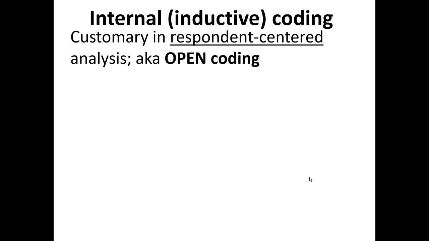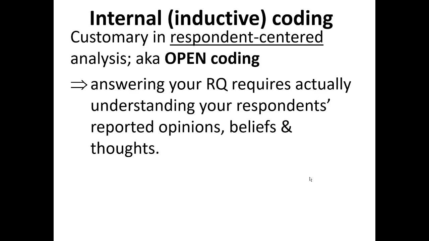Or are they, the people who suffer the house fire, are they somehow seen as less worthy of sympathy? So I guess, and actually that kind of question actually starts to then move us into why we would want to do deductive coding. But let's stop there for now and return here back to internal or inductive coding.